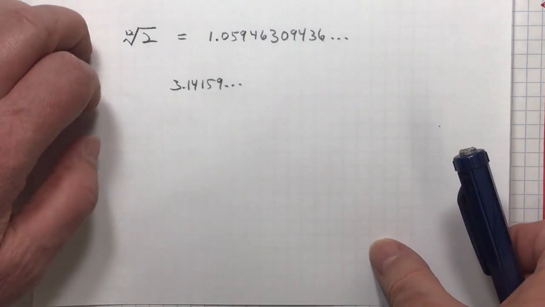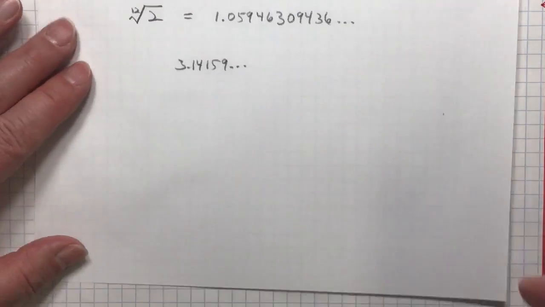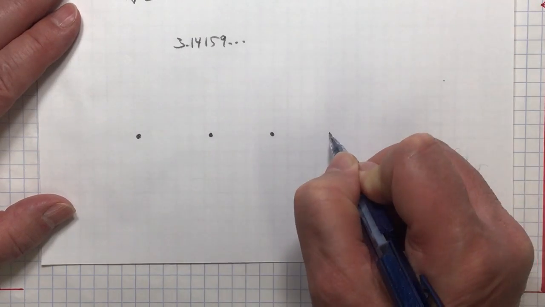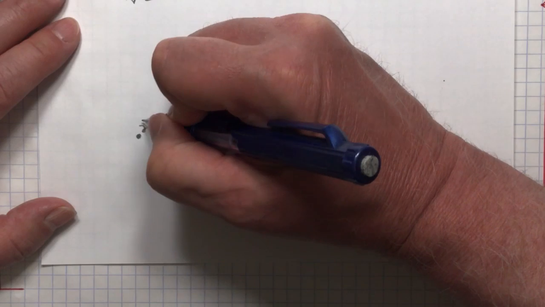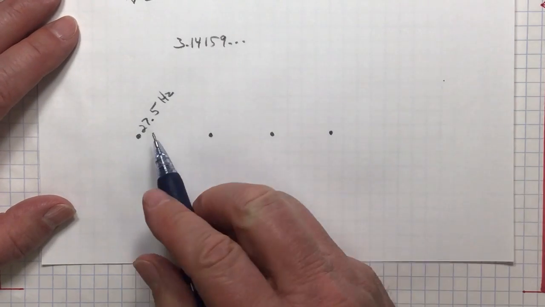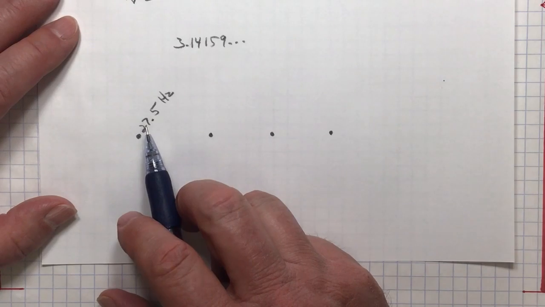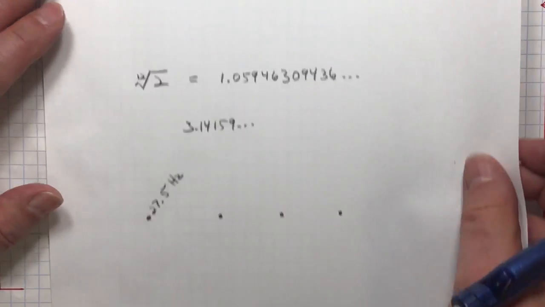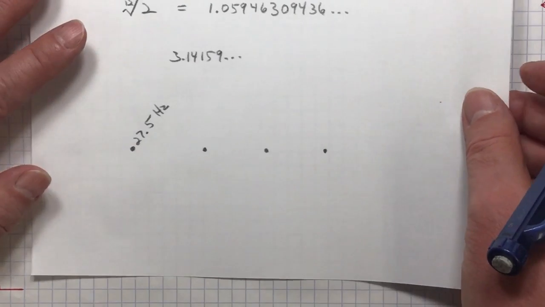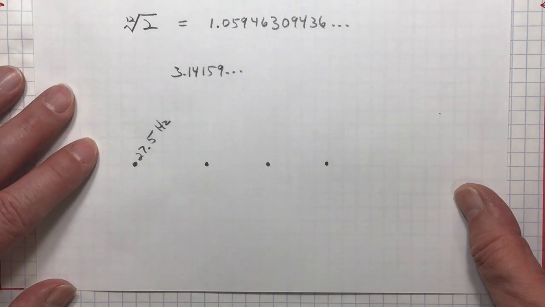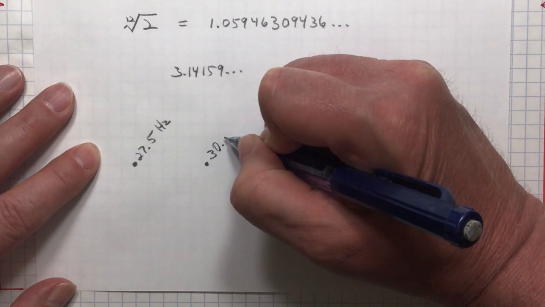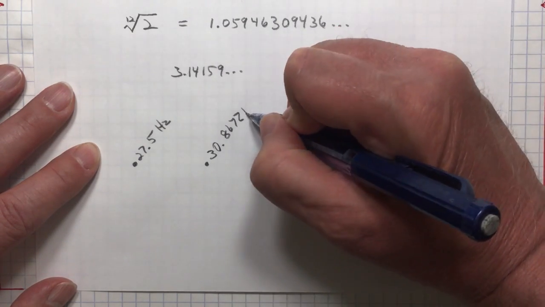Remember the first 4 points of sound at the left end of the piano. Multiply 27.5 by the 12th root of 2, 1.05946309436, and you get the next frequency, 30.8677 hertz.